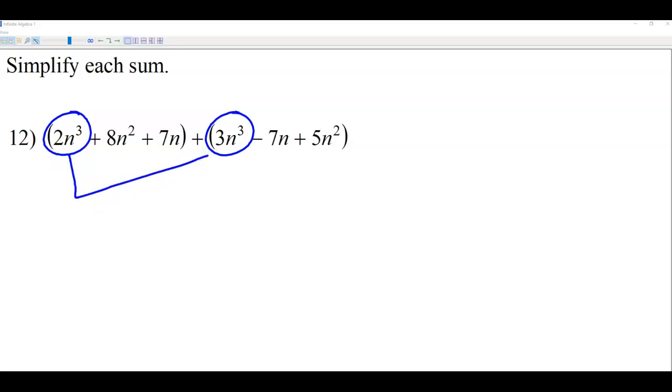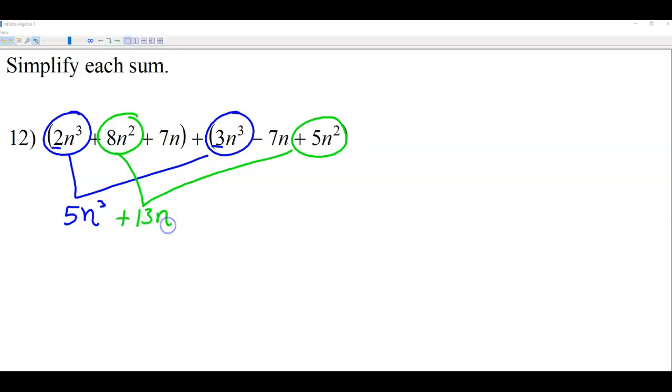Now the way that you add like terms is simply by adding the coefficients, or in other words, the numbers in front. So if I add 2 and 3, I get 5, but the variable and the power stay the same. So that's how you combine like terms. Next, we have an 8n squared, and we also have a 5n squared. So those are like terms. I can combine those also by adding the 8 and the 5, and I get 13n squared.